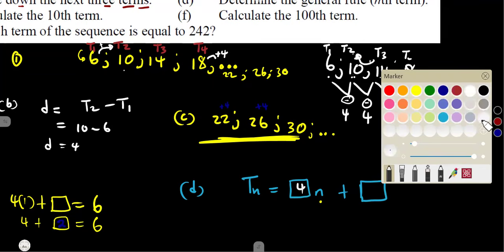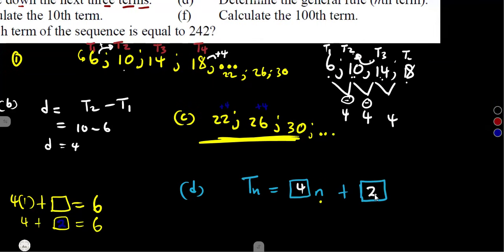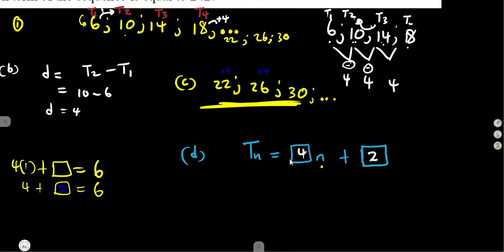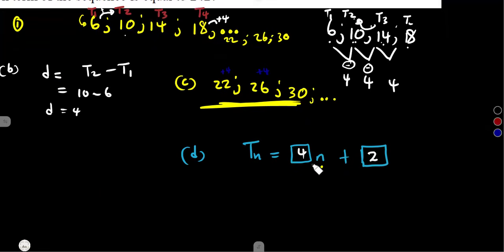If you do not know this, guys, use another term. Let's go to the second position. So we have 4n, which stays as it is, so it's 4 times n, and n is 2 in the second position.